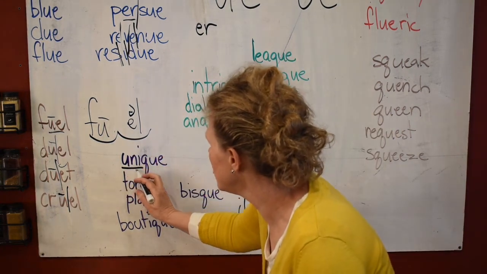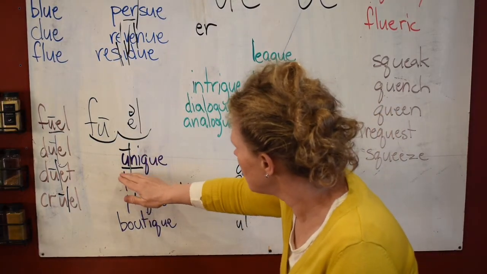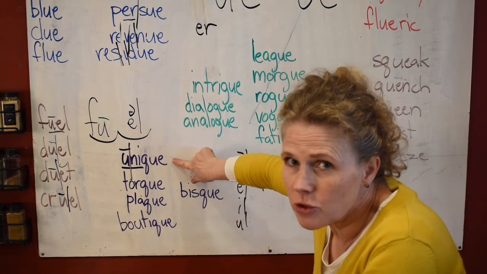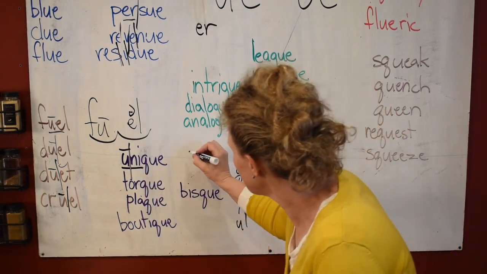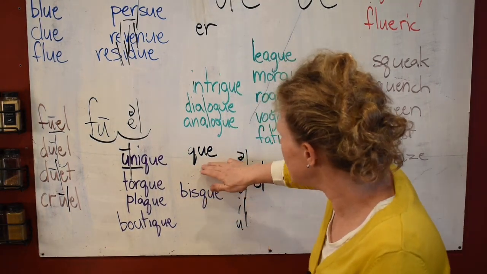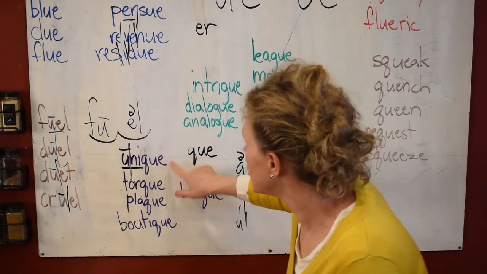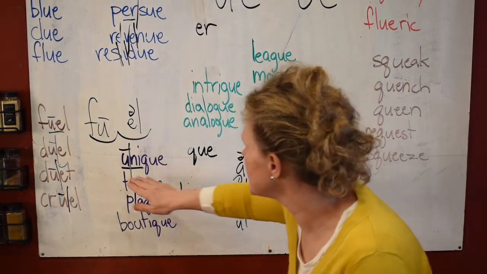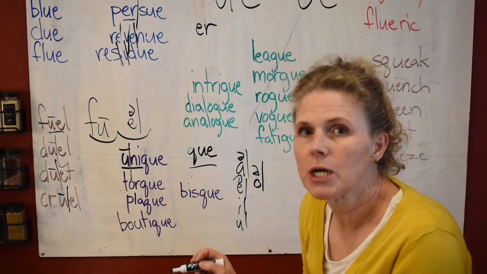This is unique. It breaks right here. This is an open syllable. Unique. Now this is a French word. So if you see a Q-U-E, if you see that, you know it's French and it's not going to be a vowel team. This right here says k.